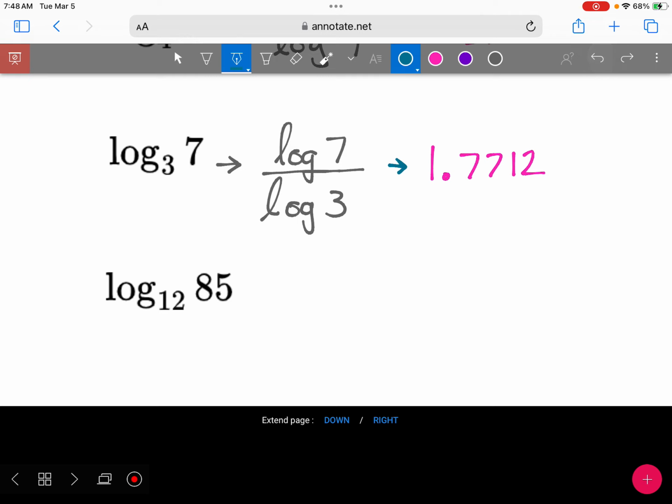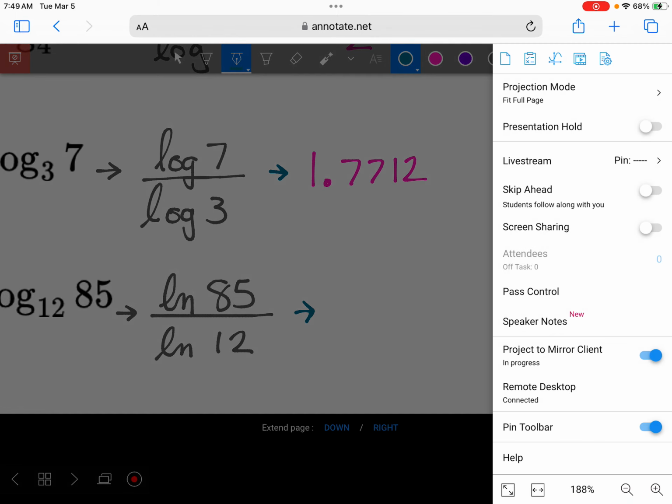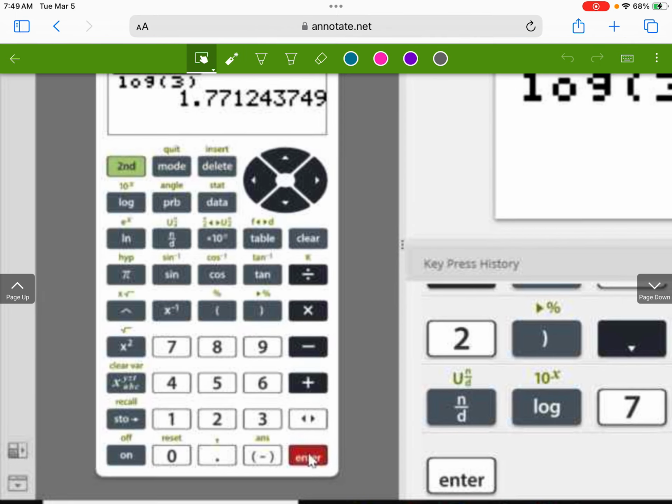And then our last one. This is our last one for the day. Let's do this one with the natural log. So it's going to be the natural log of 85 over the natural log of 12. It genuinely does not matter, but I don't want us to be in the habit of doing common log every time, because there are going to be some times when we need to use ln for stuff. So we're just going to type it in the calculator.